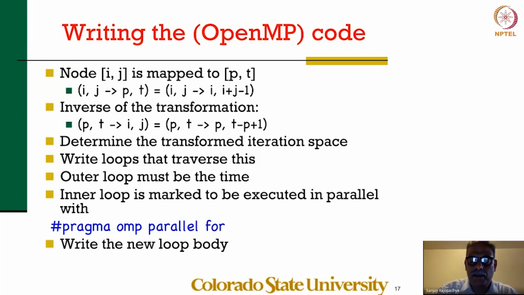The mapping, and I'll use this notation, ij goes to i comma i plus j minus 1. Okay? This is the mapping that I have: new coordinates as a function of the old coordinates. If I claim that this can be represented by a 2 by 2 matrix, will you accept that?